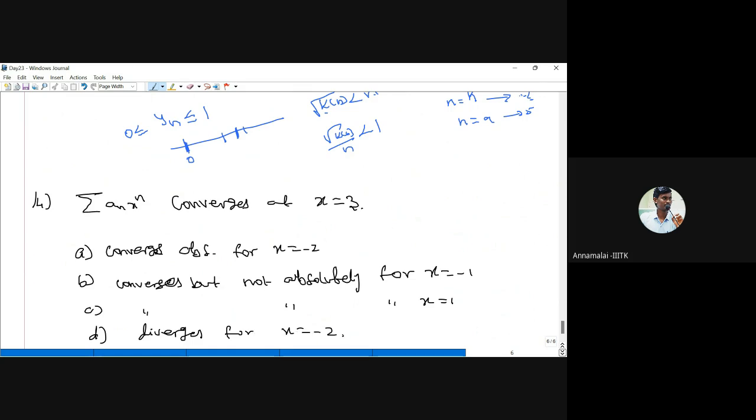So I already stated a theorem. Suppose a series converges at a point x naught, then it converges absolutely for all x1 such that modulus of x1 is strictly less than modulus of x naught. Now using this theorem, tell me which one is correct.